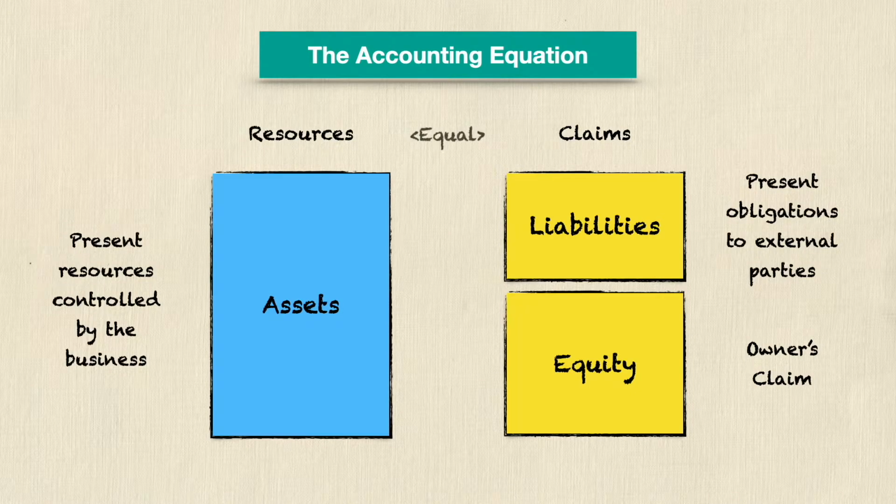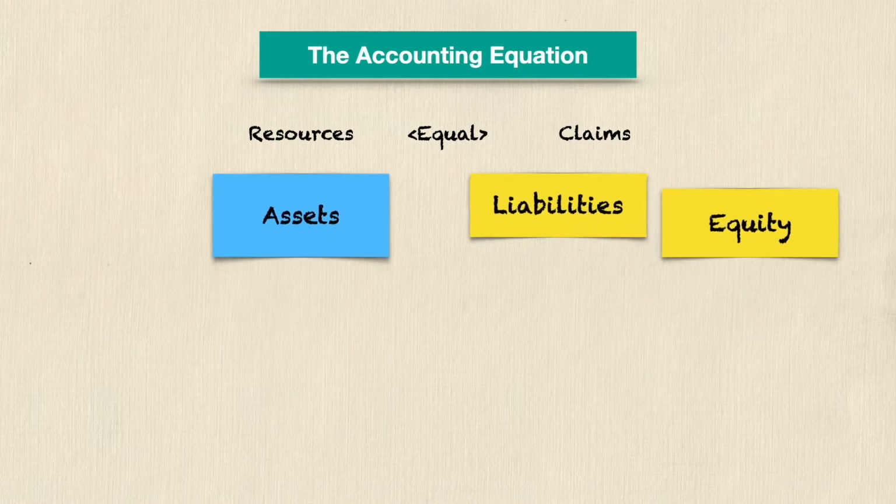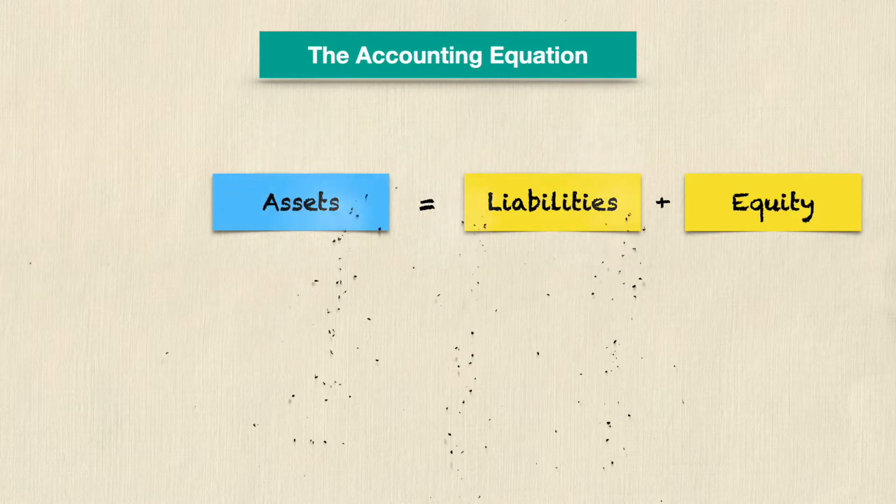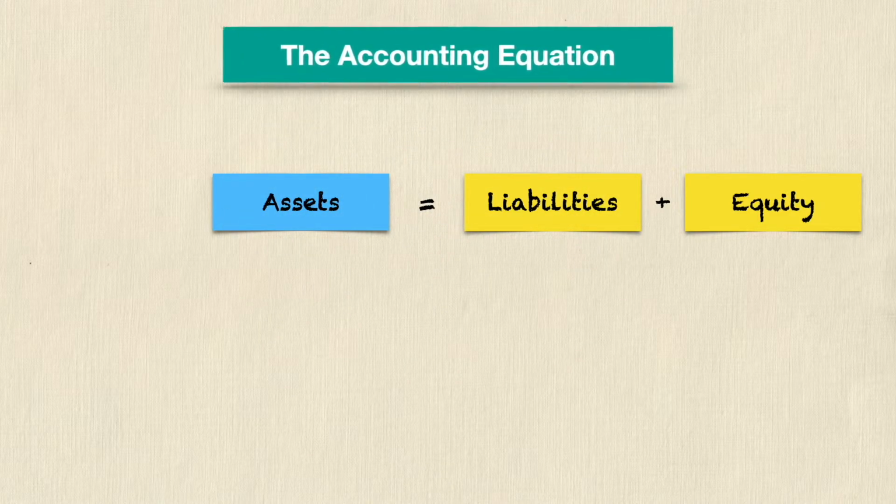Therefore, the total resources controlled by a business should equal the total claims on these resources. And consequently, the total assets of the business must be equal to the sum of its liabilities and equity. This forms what we call the accounting equation.